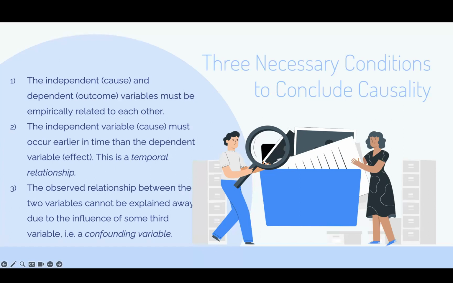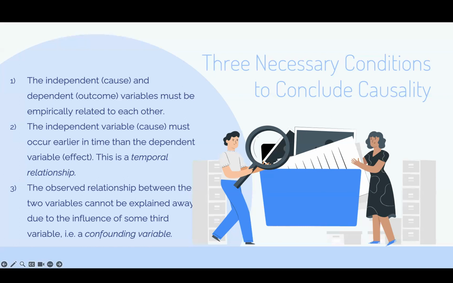Lastly, we must account for the possibility of confounding variables. These are extraneous factors that could potentially explain the relationship between the independent variable and the dependent variable. To conclude causality, we must ensure that the relationship we observe is not due to the influence of another variable, but is indeed a direct consequence of the independent variable upon the dependent variable.